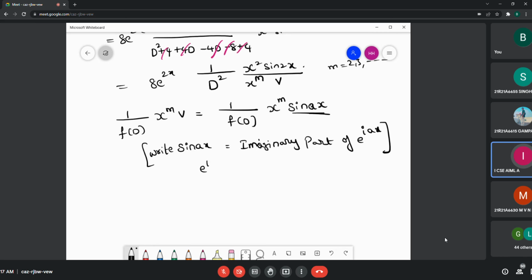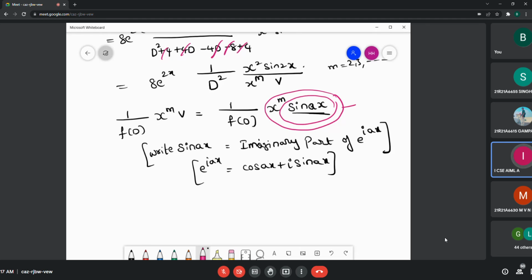Already we know the formula: e power iax is equal to cos ax plus i sin ax. So we are converting this function into rule 4. Then we solve it. That's why we are writing sin ax as the imaginary part of e power iax.